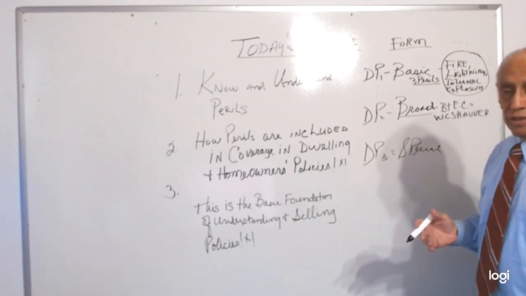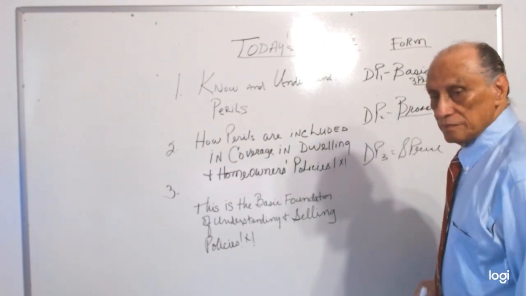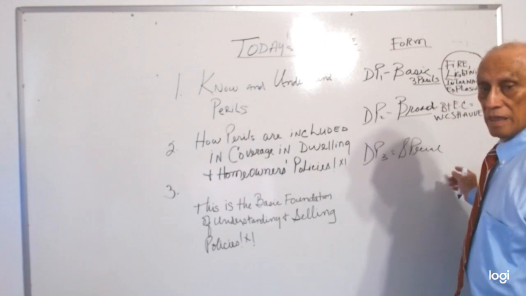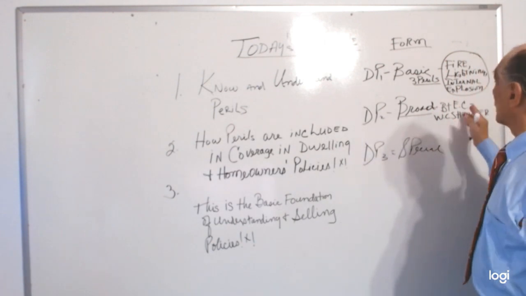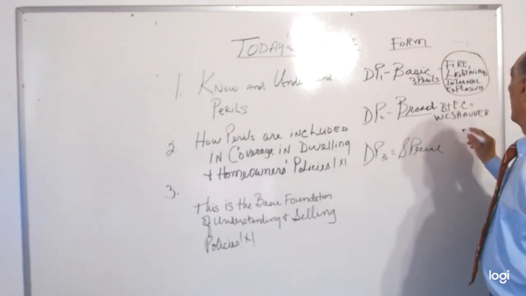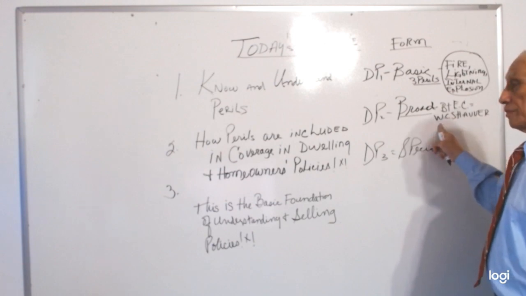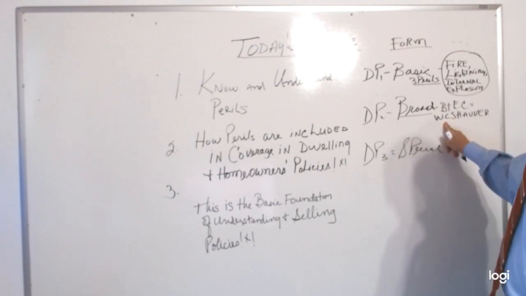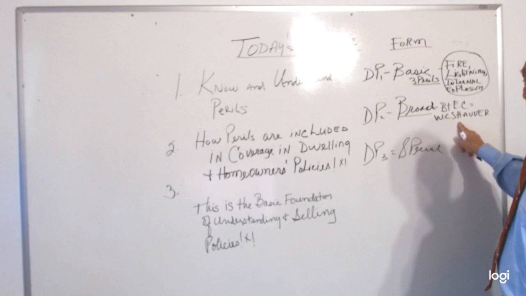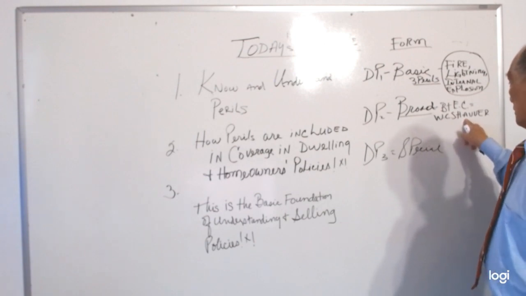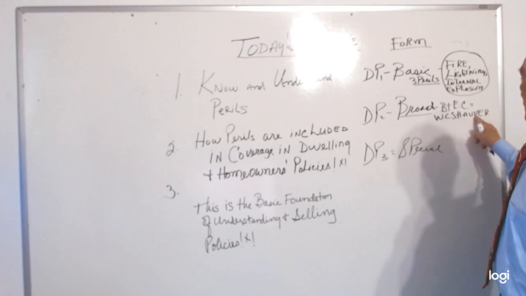And that is for windstorm, civil commotion, smoke, hail. We have vehicles, volcanic eruption, explosion, and riot.